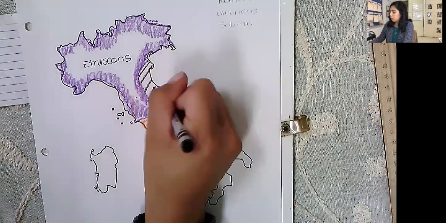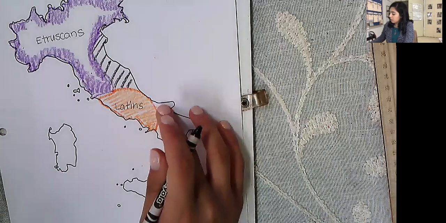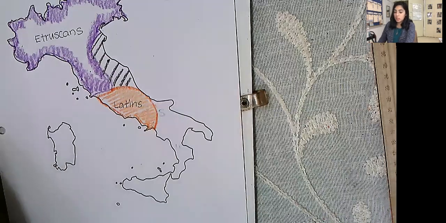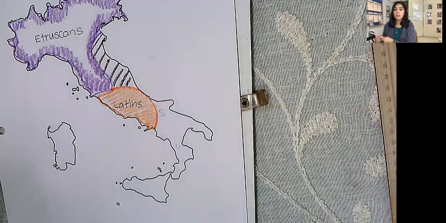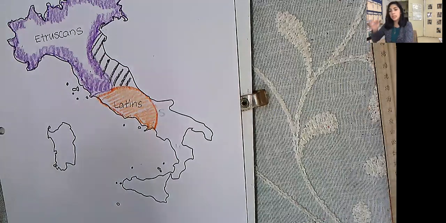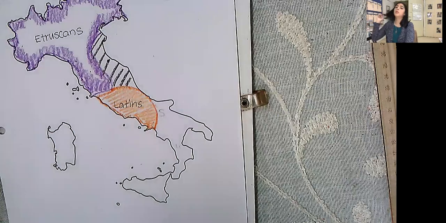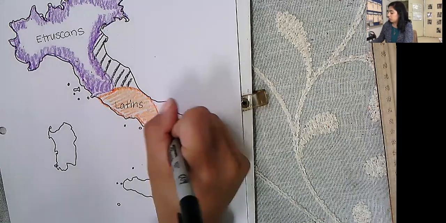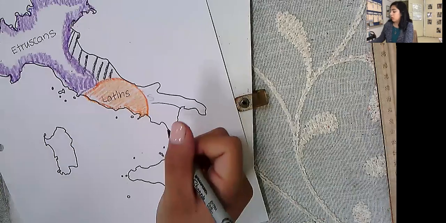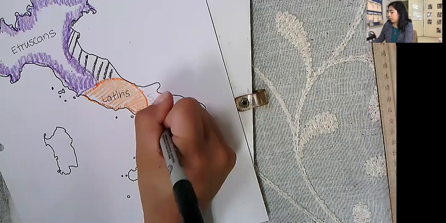So I'm going to just put a marker like this. And the ones down here were called the Umbrians. Umbrians. So what we're going to do is write, go like this, and we're going to write Umbrians.